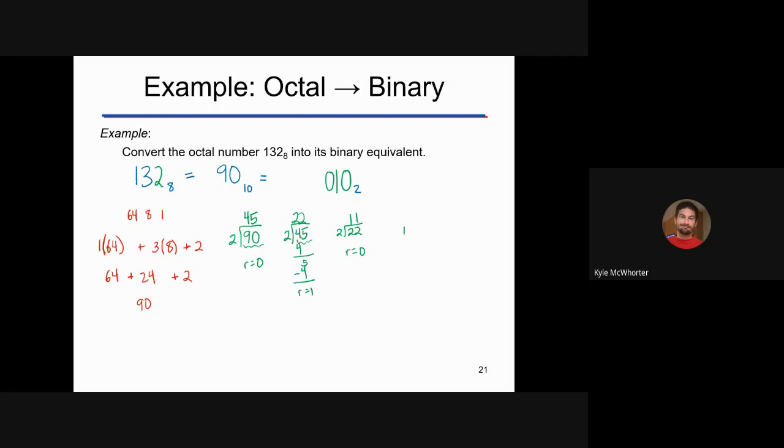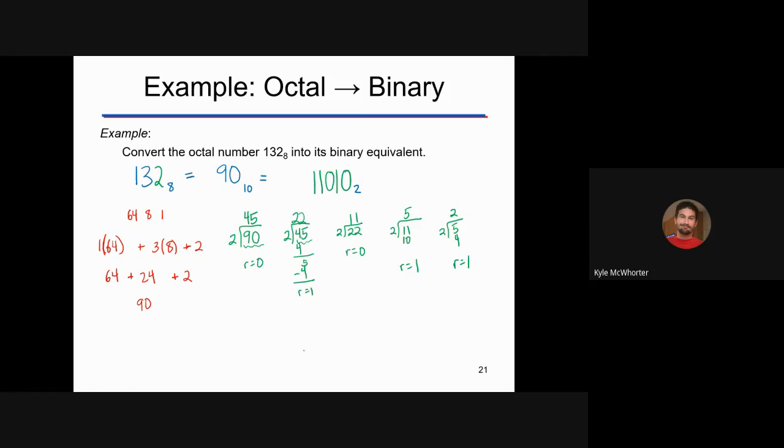Then we do the 11. 2 goes into 11 5 times. 5 times 2 is 10. The remainder is 1. So our next digit is a 1. Then we got to do the 5. 2 goes into 5 twice with a remainder of 1. So we're going to have another 1 there.